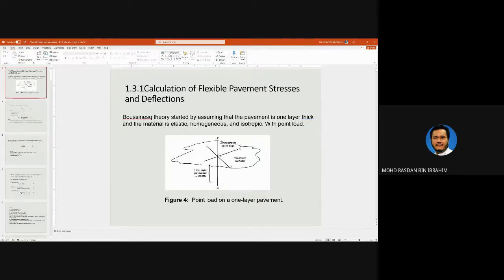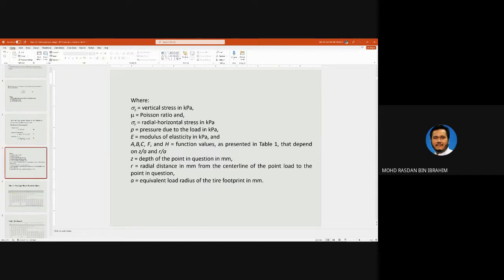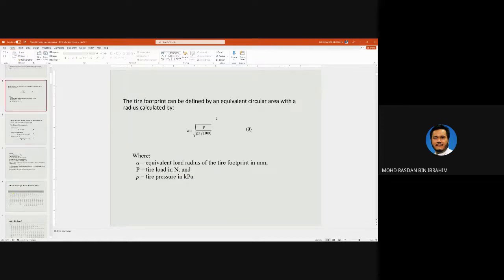So the distance between the loading and the point is R, the radial distance. And A is the equivalent load radius of the tire footprint. So this is what I've shown here, the value of A.